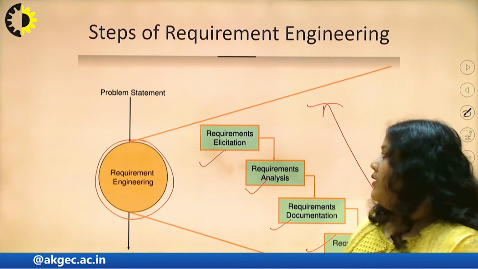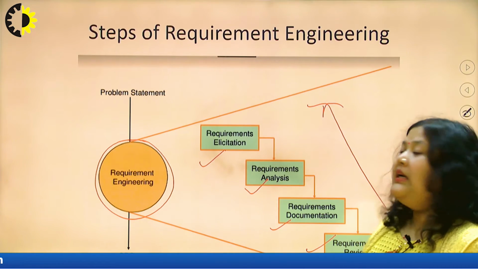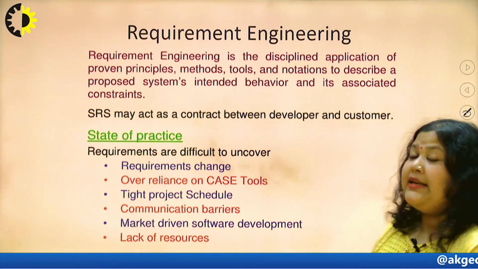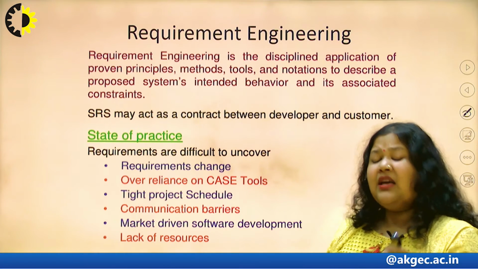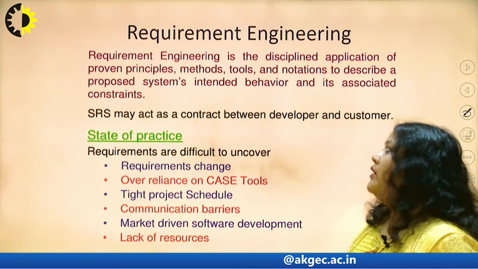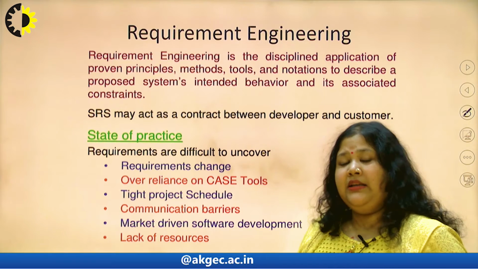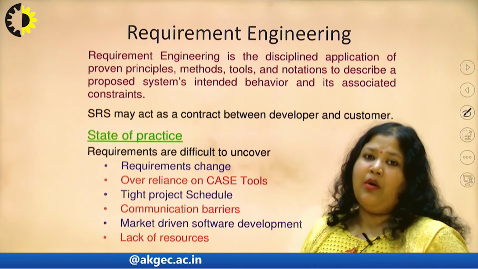The first step we have to focus on is requirement elicitation. What is requirement elicitation? This is a very important term in requirement engineering. Elicitation means we have to gather the requirements, gather means collect.